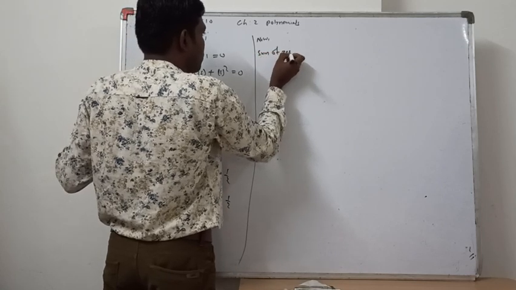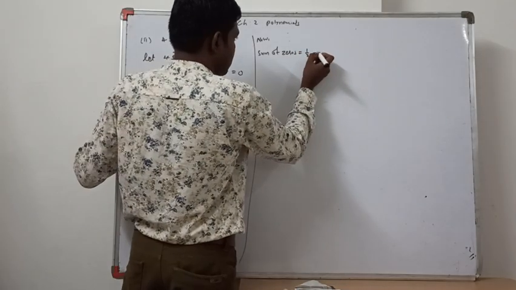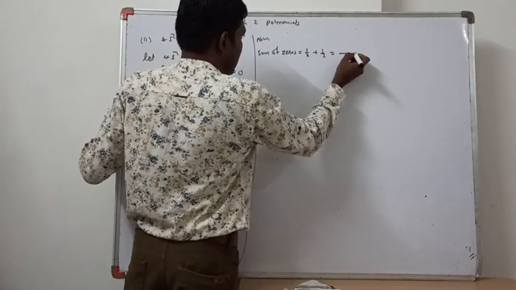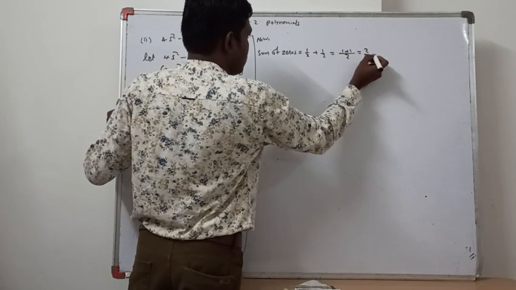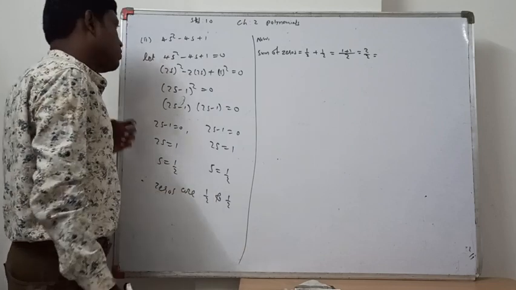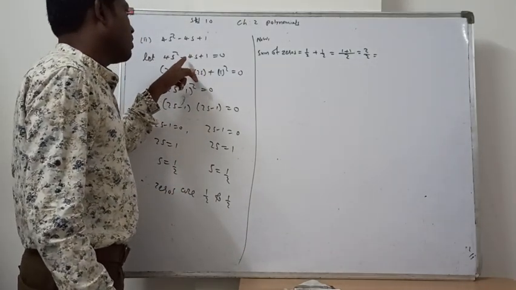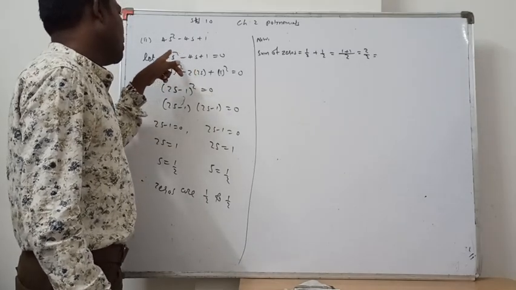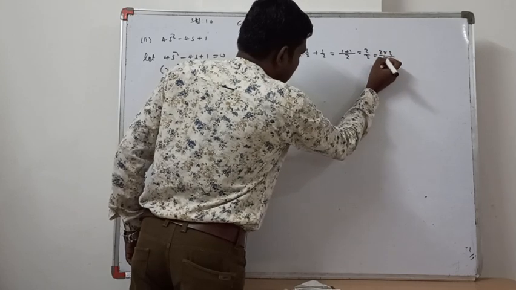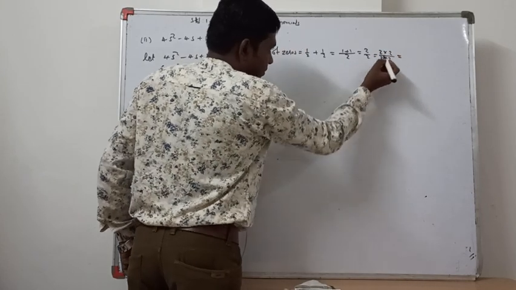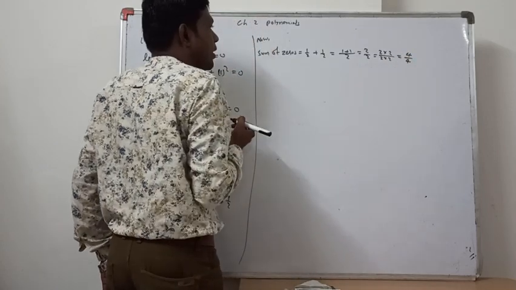Sum of zeros, that is 1 by 2 plus 1 by 2, that is LCM 2, 1 plus 1, that is also 2, 2 by 2. Now we require the answer to be what? Minus and 4 divided by 4. So over here we multiply by 2 and divide by 2, right? 2 2s are 4 divided by 4, right?